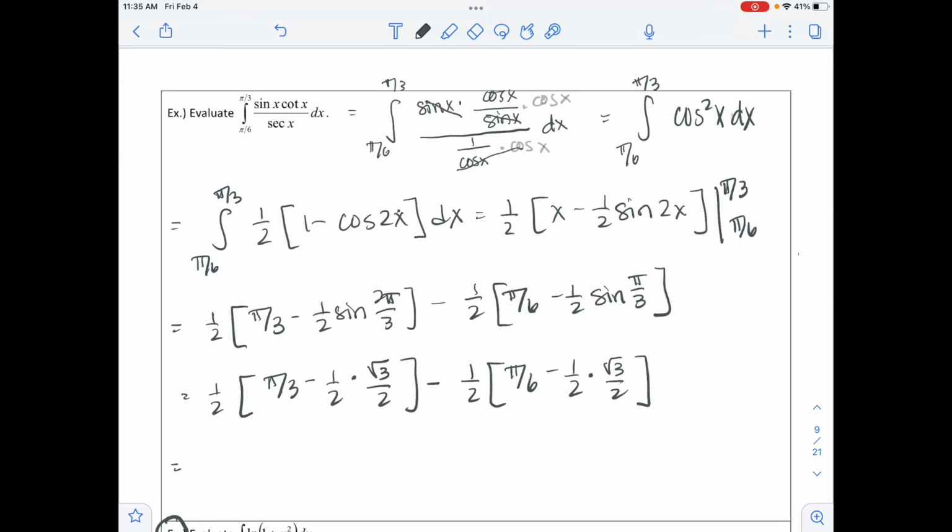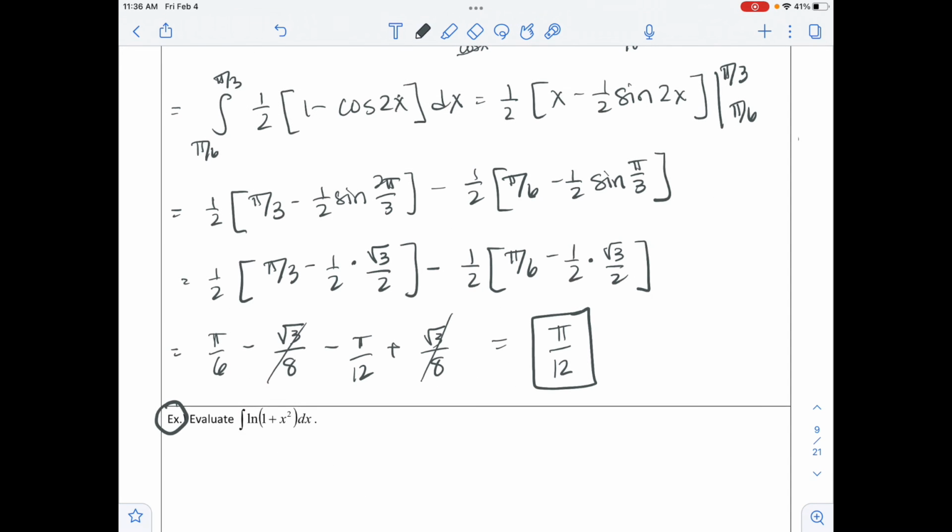And distributing through my 1/2 and simplifying this, we end up with pi over 6 plus rad 3 over 8 minus pi over 12 minus rad 3 over 8. And so your rad 3 over 8s will reduce out, and then we're left over with pi over 6 minus pi over 12, which is just going to become pi over 12.